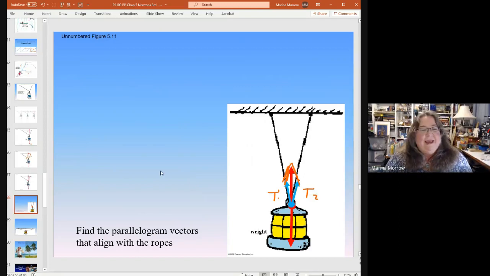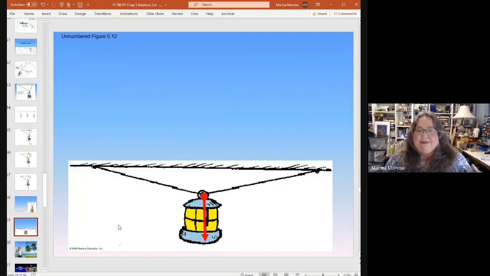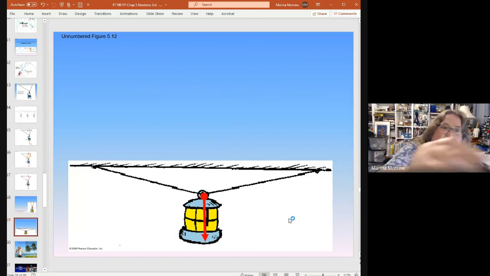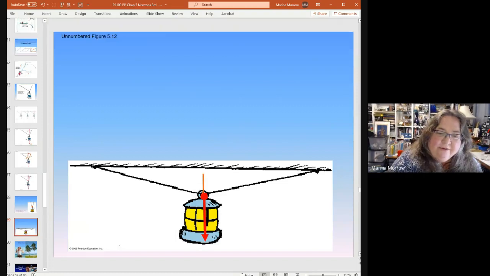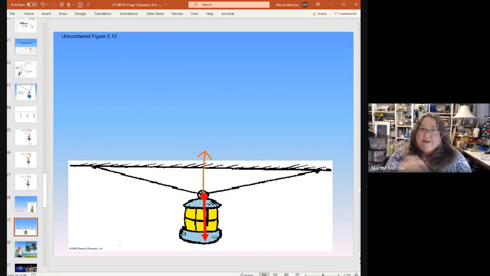Okay, now, if we take that lantern and we put the same lantern with the same weight on some ropes that are spread way out. Okay, so here's our weight of the lantern, how much force or tension we need upwards that equals the weight.